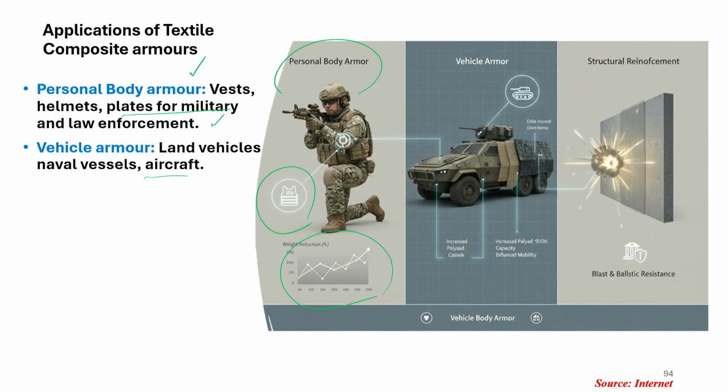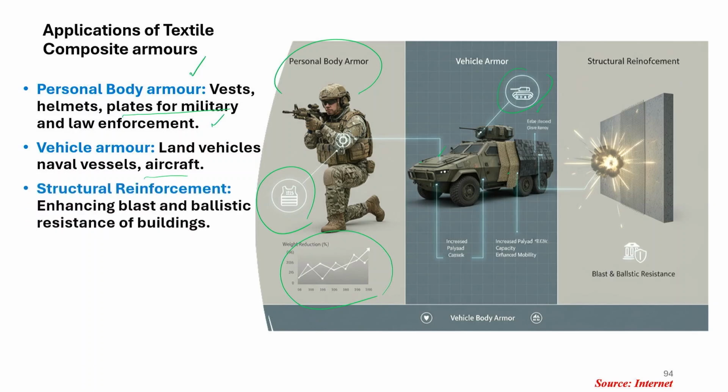You can see all these things are textile based composites used in tank, okay, vehicle armor we can use the textile based composite, even structural reinforcement is there. Apart from the body armor, for any structure, we can enhance the blast and ballistic resistance of building.